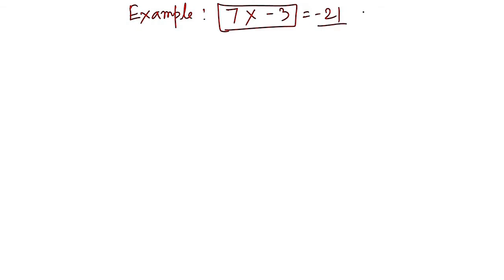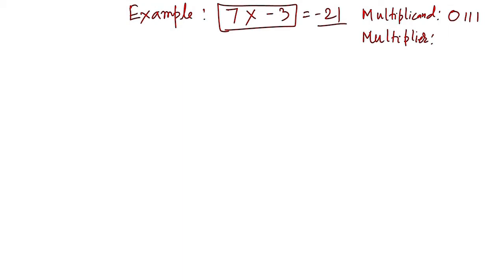So, here the multiplicand is 0 1 1 1. And then the multiplier needs to be represented in 2's complement. So, 2's complement is for -3.